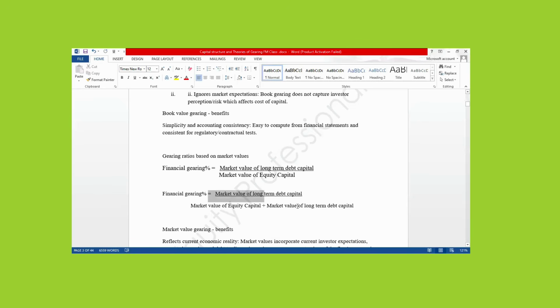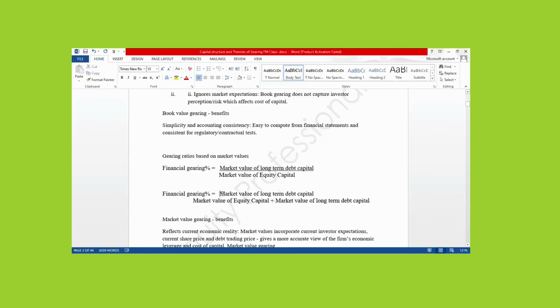Or you can use market value of long-term debt over market value of equity plus market value of long-term debt.